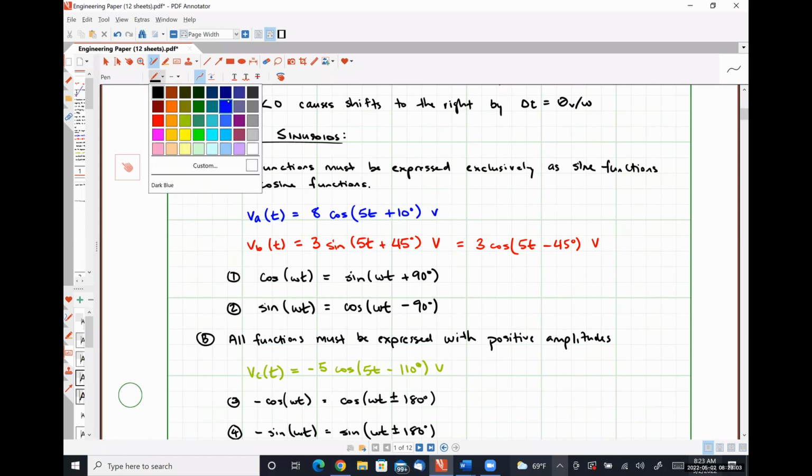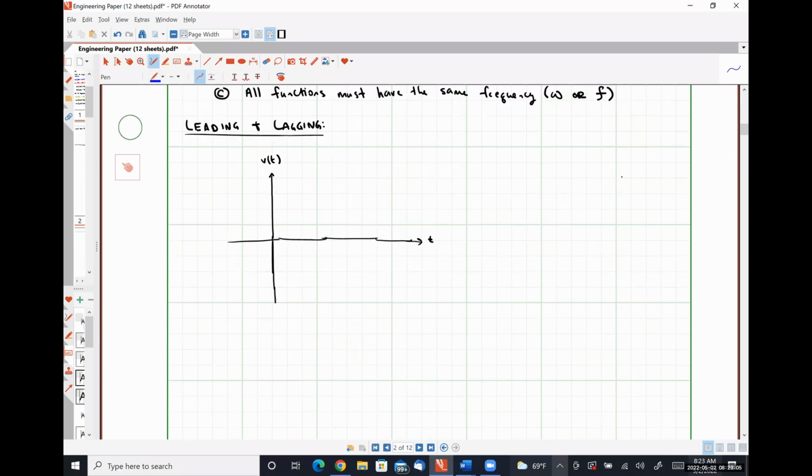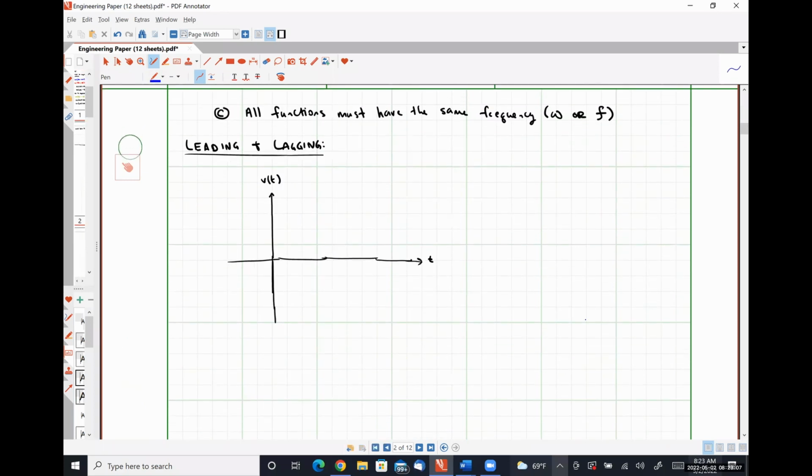All right. We did that in blue. So a positive 10-degree phase shift would mean that we would hit our peak value just prior to t equal to 0, because a positive phase angle means that we are shifting to the left, right? So actually, let me scooch this over a smidge.